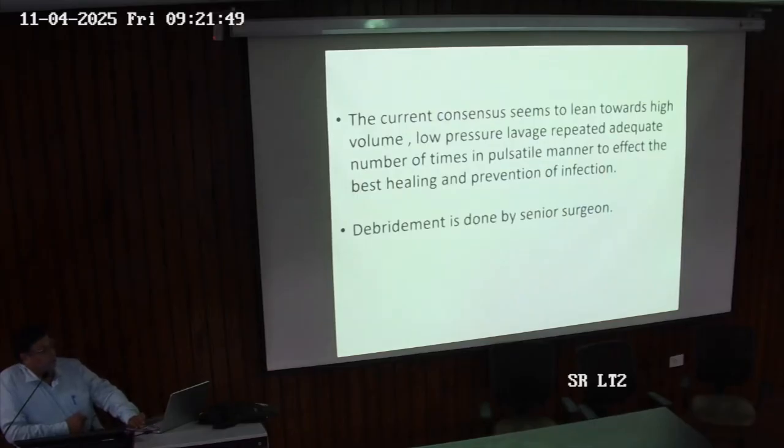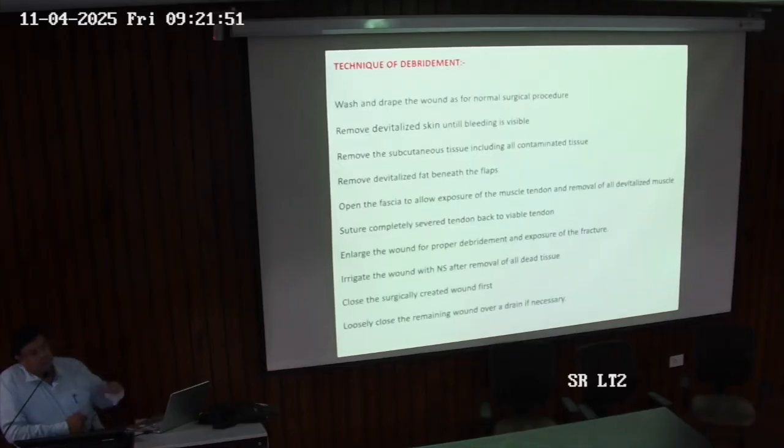So we irrigate the wound with a copious amount of saline. Then we remove the skin till the bleeding edge is visible. Subcutaneous tissue, including all contaminated discolored tissue, and muscle.